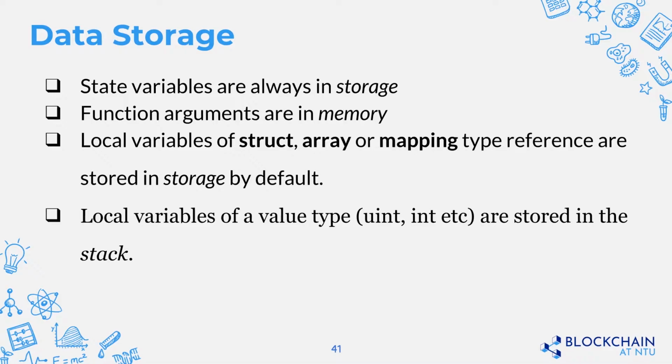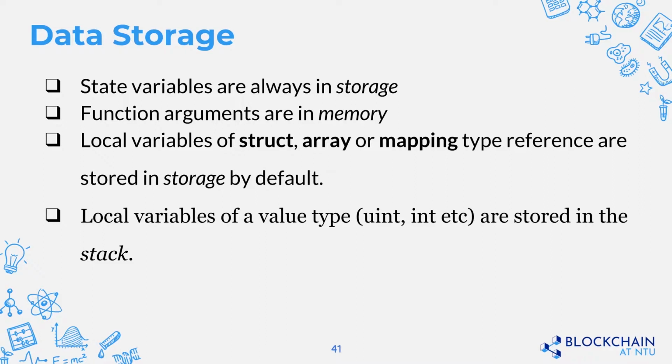State variables are always in storage. For example, in your contract, you have the mapping of balances that we had just now. That balances mapping is always stored in storage. Then function arguments are in memory, but you say it's in stack? Usually it will be pushed onto the stack first, and the variables declared inside the function will be in memory.